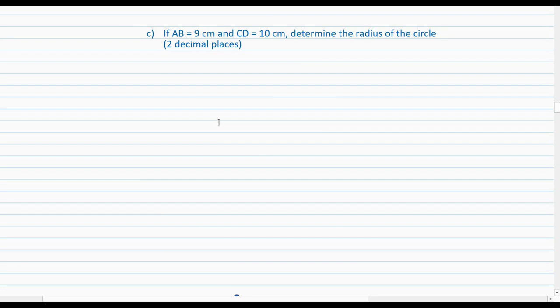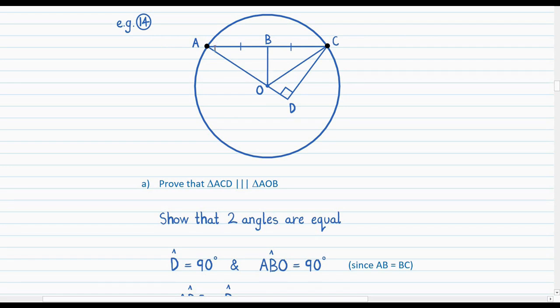It says if AB is equal to 9 centimeters and CD is equal to 10 centimeters, determine the radius of the circle to 2 decimal places. Let's go back to the diagram. So it said that if AB is equal to 9 centimeters and CD is equal to 10 centimeters, determine the radius of the circle.